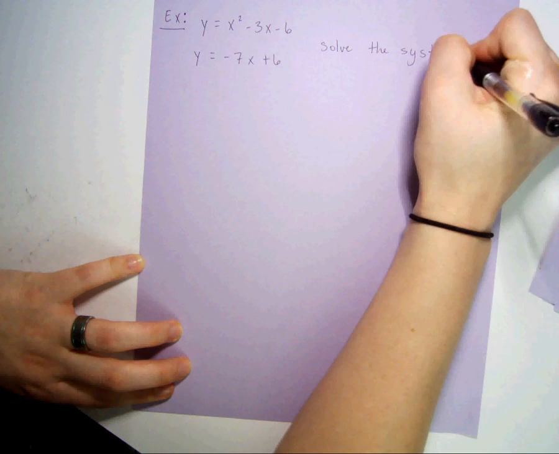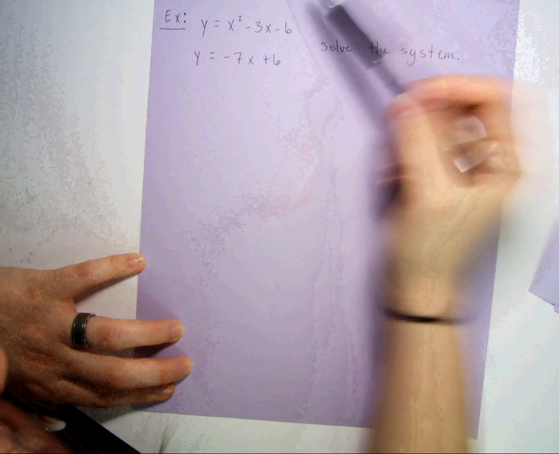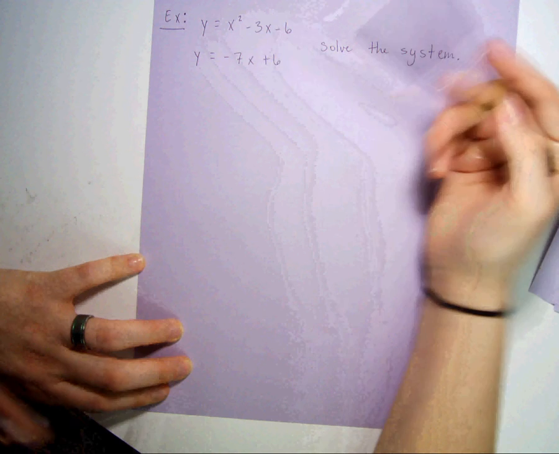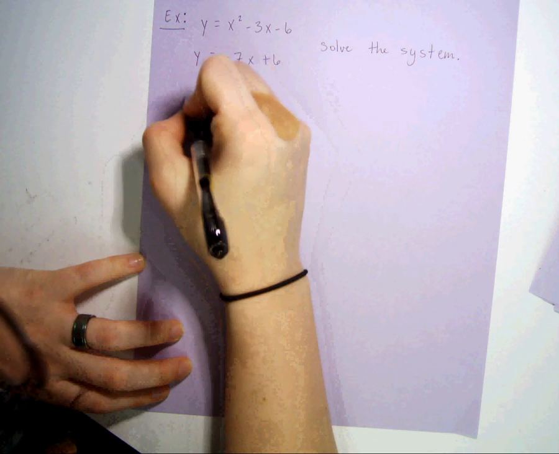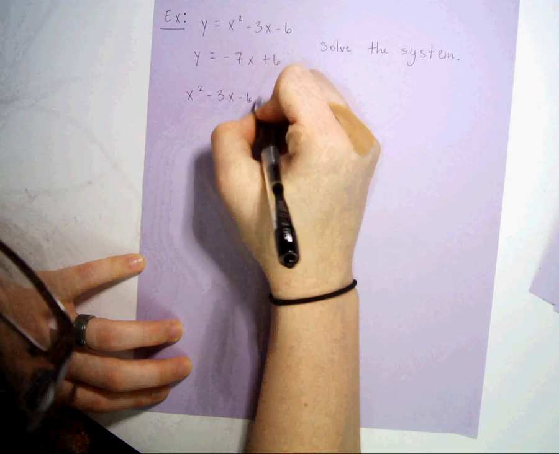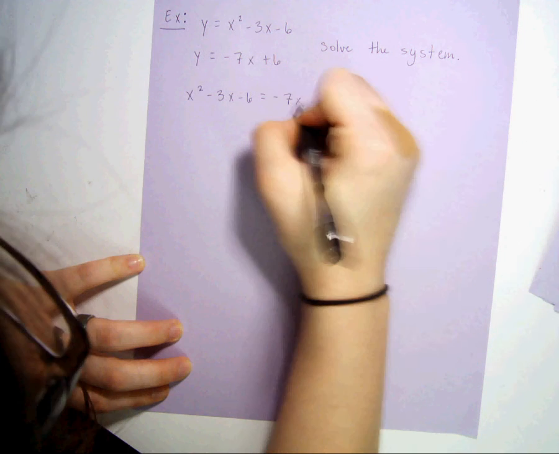I have the same situation. They're both set equal to y, so they equal each other. I'll first set them equal to each other: x squared minus 3x minus 6 equals negative 7x plus 6.